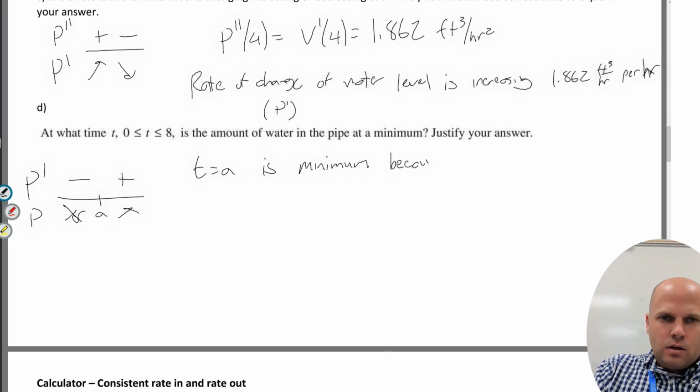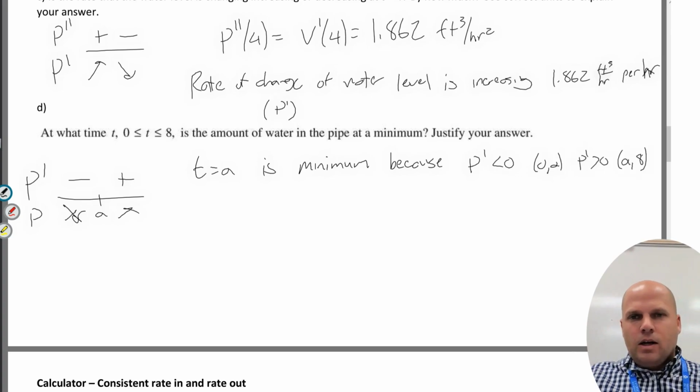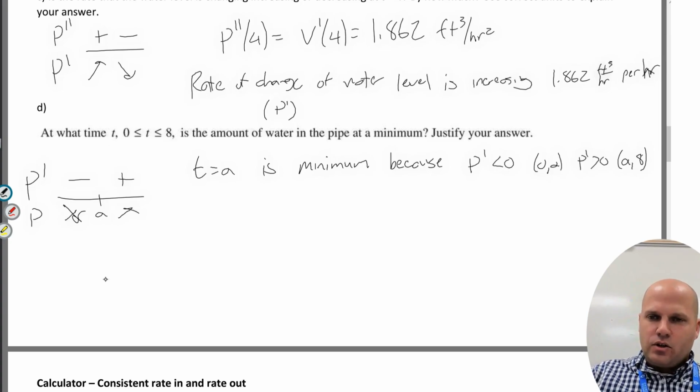because P prime is negative from 0 to A, and P prime is positive from A to 8. I probably want to find the amount. I'm going to ask you for the amount, so I'm going to make sure you know how to find the amount.